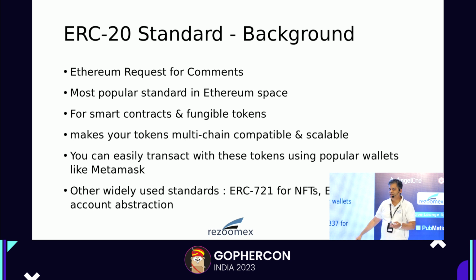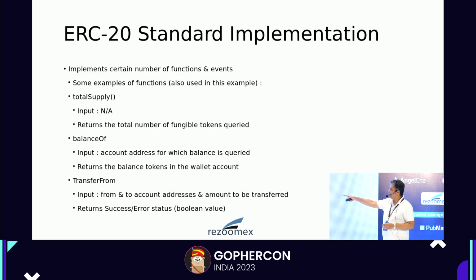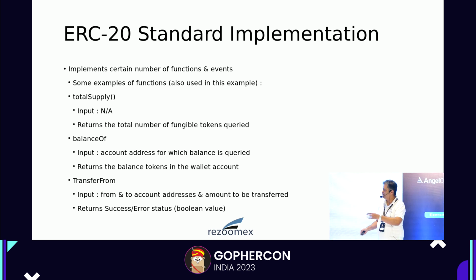So it is Ethereum Request for Comments, the most popular standard in Ethereum, and this standard has given you a set of functions, and you have to use them, at least those names. Of course you can write any other functions, but for usage by any application or any wallet or anything which is ERC20 compliant, you have to have those functions. So some examples: total supply, meaning how many coins the system has in total.